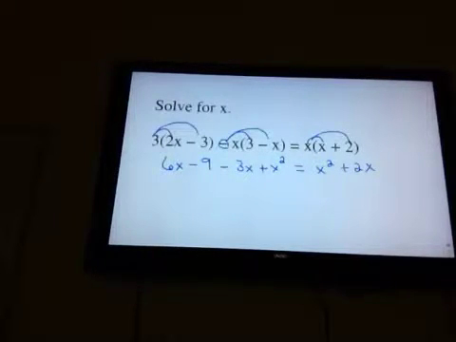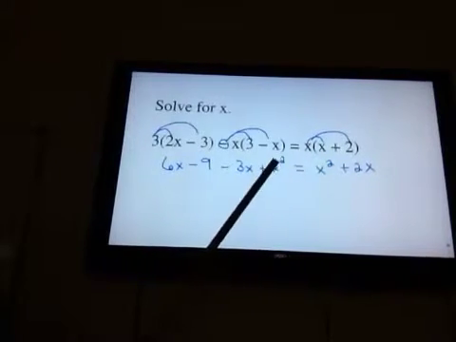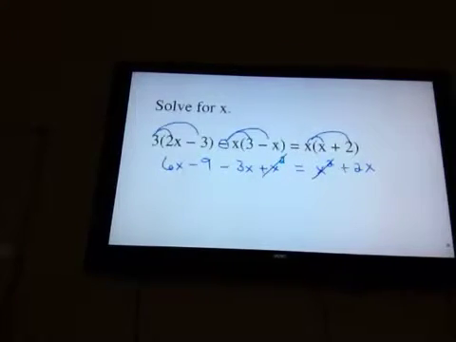If you end up with exactly the same term on opposite sides of equals, they're just going to cancel out. It's like this x squared, this is exactly the same term on opposite sides of equals, so they're going to cancel. They're gone. On the left, I can collect my x's and get 3x minus 9.